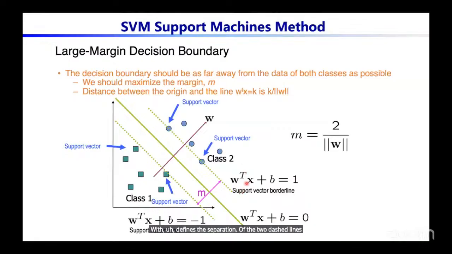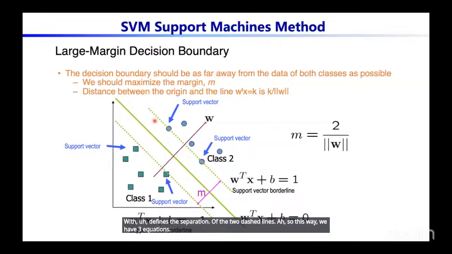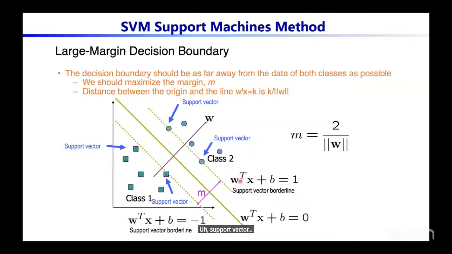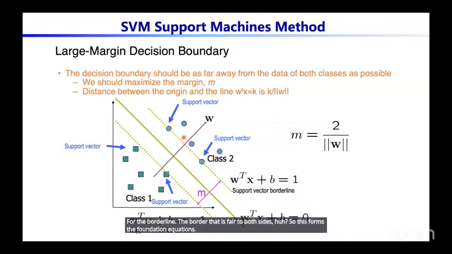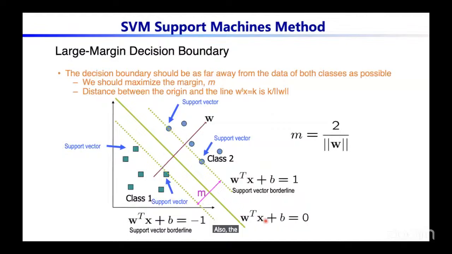So this way, we have three equations: the support vector equation for class 2, the support vector equation for class 1, and also an equation for the borderline, the border that is fair to both sides. So this forms the foundation equations of the support vectors and also the borderline.